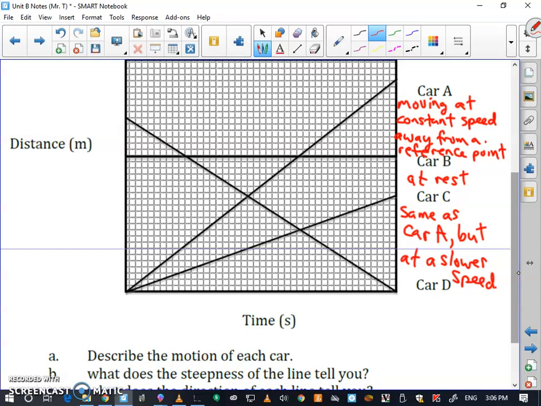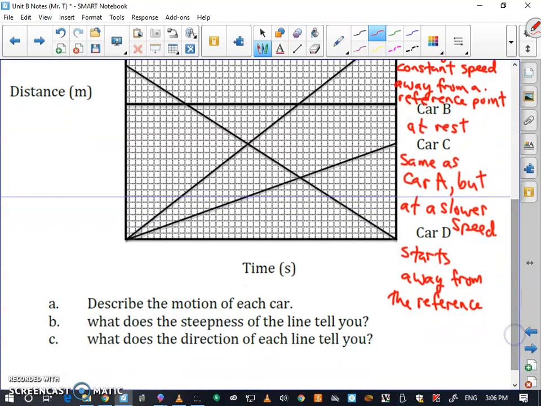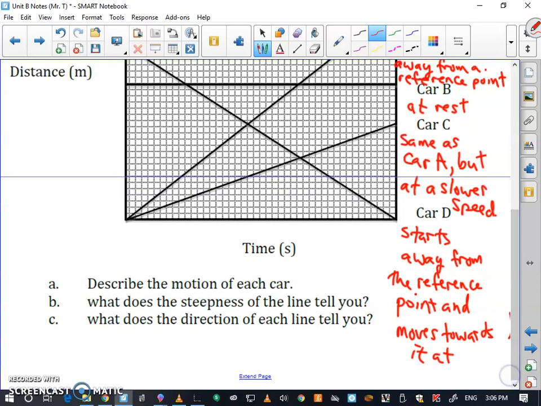So in this case here, it is essentially a balance between car A and car C, how fast it's moving, but it starts away from the reference point, and moves towards it at constant speed. Speed is what they're supposed to say.